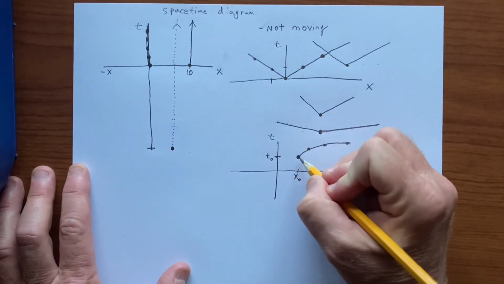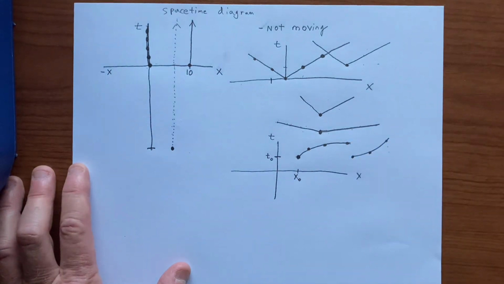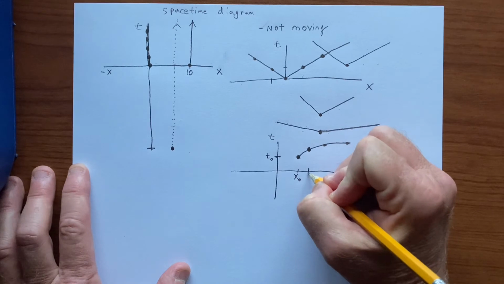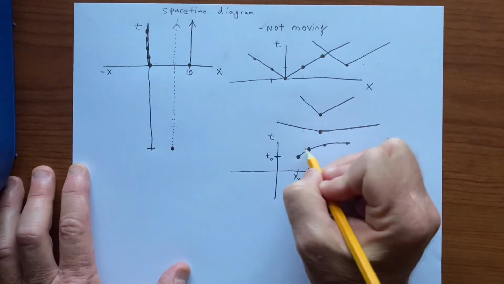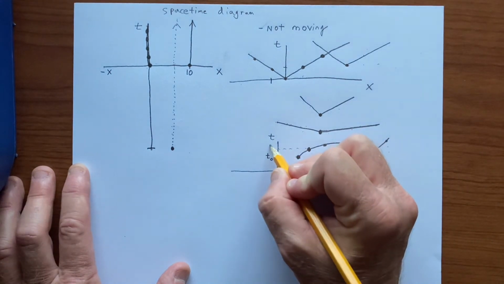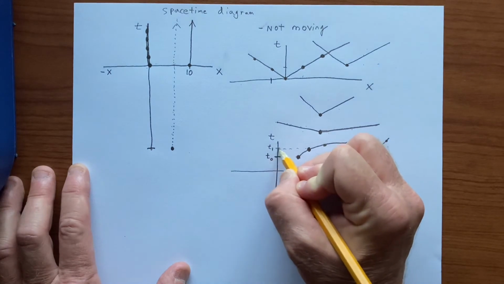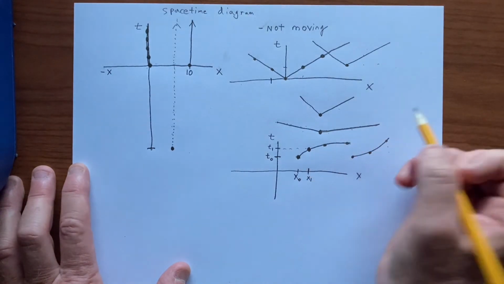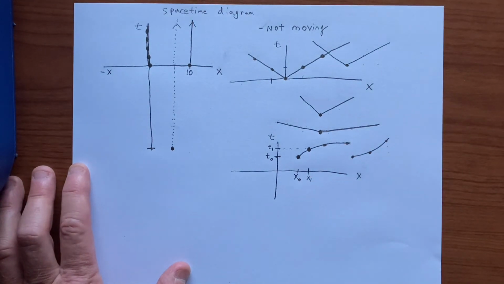So this little dot represents a space-time event. This is another space-time event at some different location, maybe x1, and at a later time, which is, say, t1.